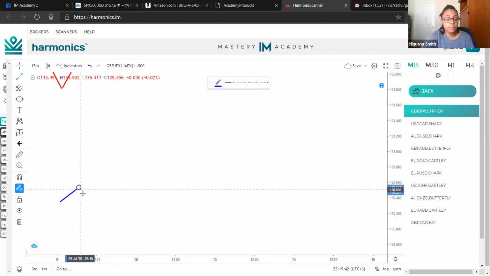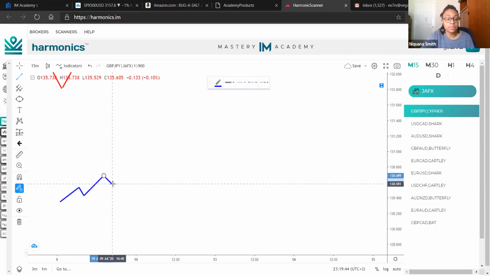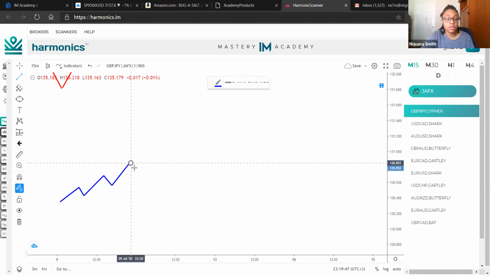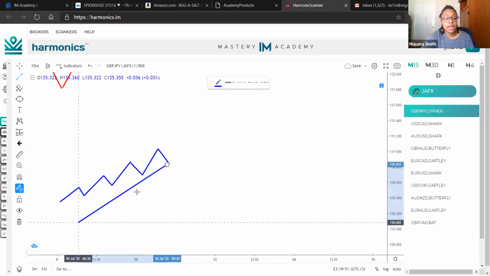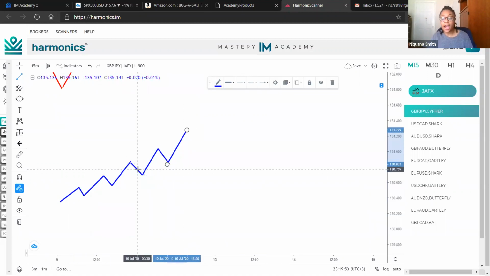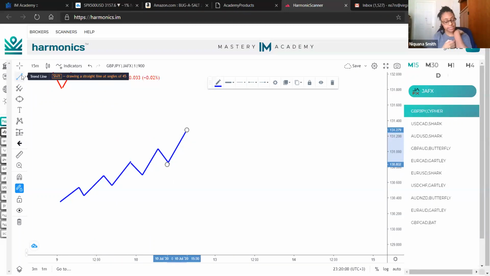So we go up, down, up, down. What a bullish trend consists of is higher highs and higher lows. You're like, okay, how can you tell that this is a trend just from the get-go?